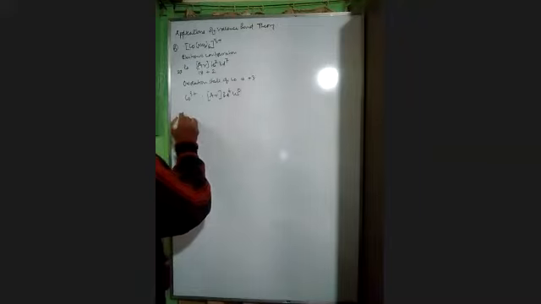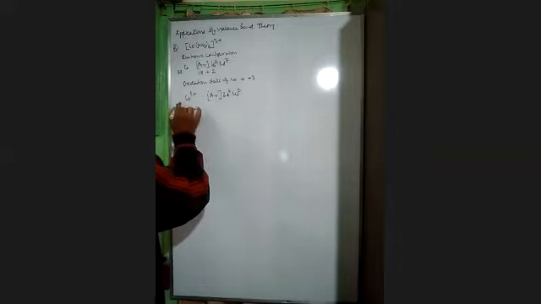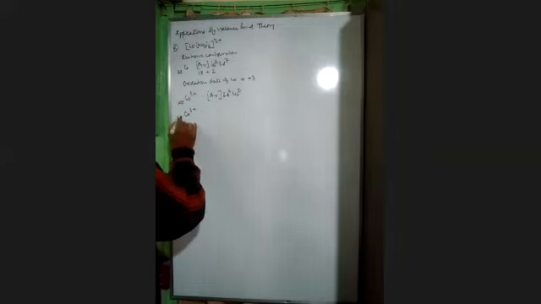Now I'm going to write it in box diagram. I'll write cobalt 27 here, and below it the ground state.